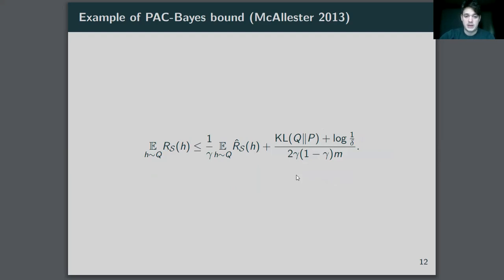So an example of a PAC-Bayes bound is this from McAllester, where it's a supervised learning bound, but it's similar as all the others. We have something we want to estimate, which we estimate with the empirical source risk plus some sample complexity term. You can easily add a domain shift term to make this into a domain adaptation bound.